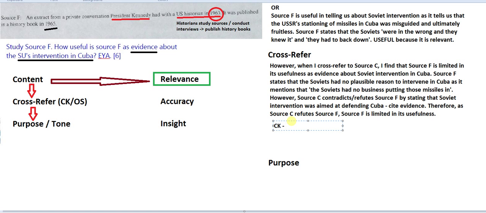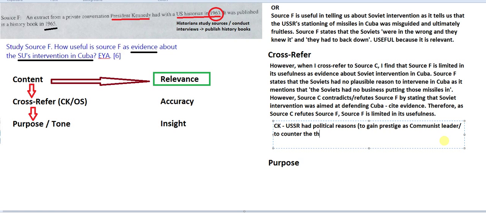However, it also tells you that the USSR had political reasons, such as to gain prestige as the communist leader after the Sino-Soviet split, and also to counter the threat of Jupiter missiles.